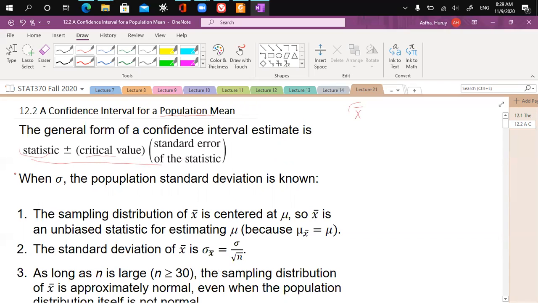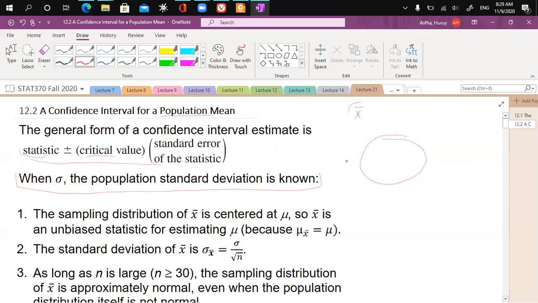Now, we will put this into two different cases. One is when sigma is known. Suppose we know sigma. Now, think of this. If we're thinking about a bigger population, in order to do this inference, you have to do a study.